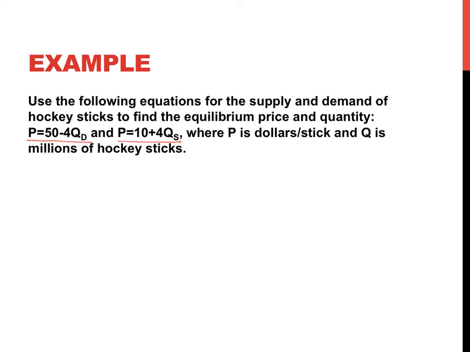And so both of these equations are P equals. So we can set the two equations equal to each other. So 50 minus 4Q, because remember, we're solving for where quantity demanded and quantity supplied are the same, so we can drop the demand and supply now, is equal to 10 plus 4Q.